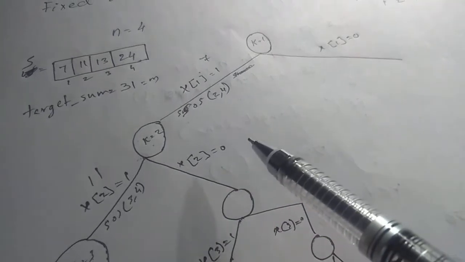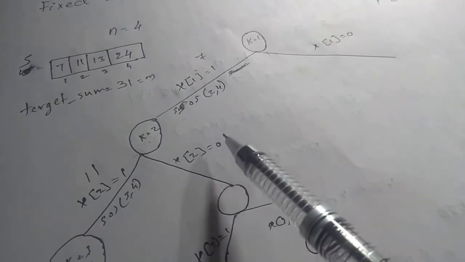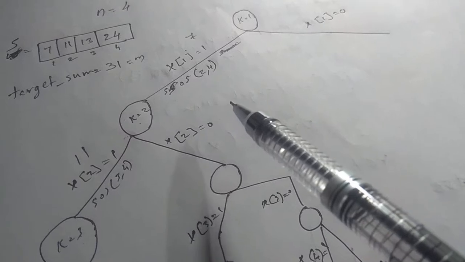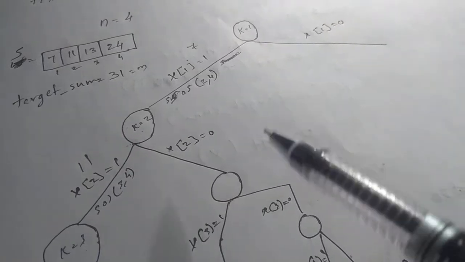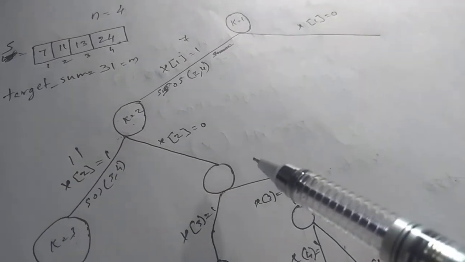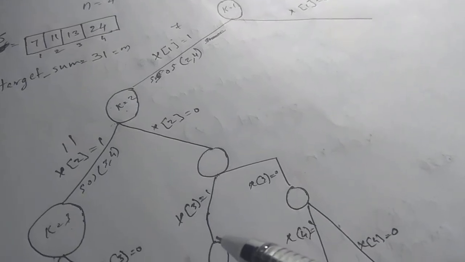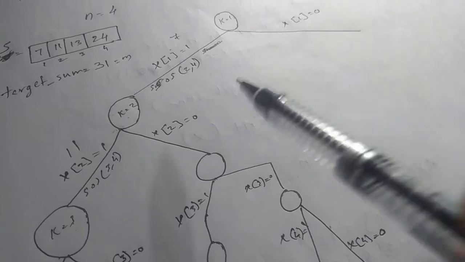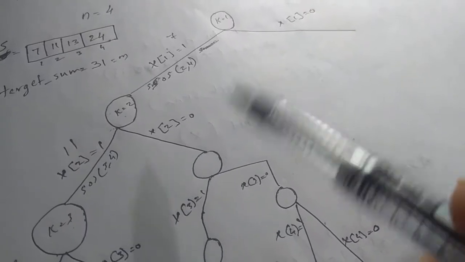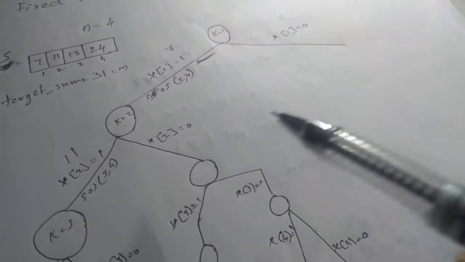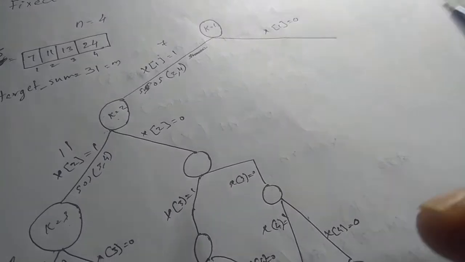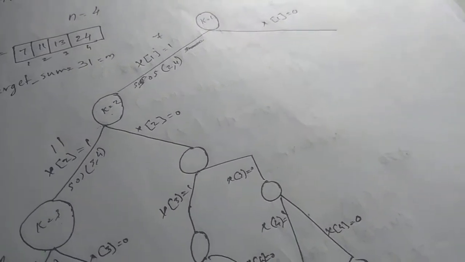Okay, so in backtracking we use a bounding function, and using that bounding function we will kill the node if it is not promising. That is, x1, x2, x3 up to xk we have generated, and we have to decide if it is promising or not.